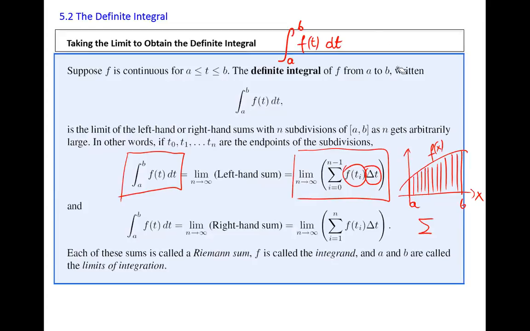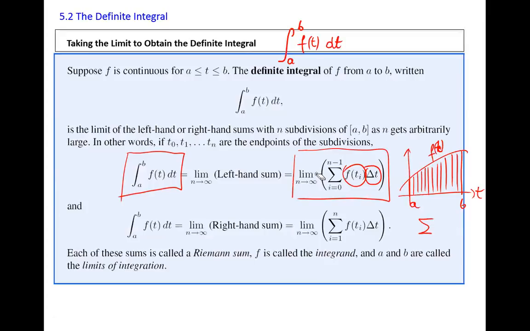And then instead of always writing a sigma, height times base, and infinitely many of them, we have the nice short notation. This is a definite integral from A to B, and we're integrating the function f of t, dt with respect to t, of course.